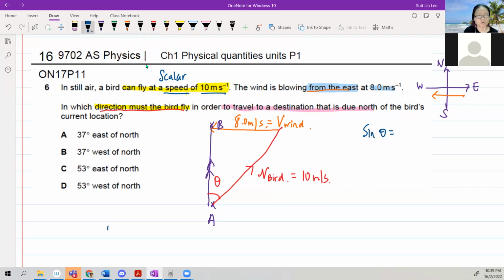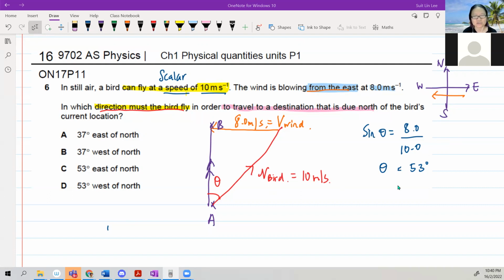Sine theta is opposite over hypotenuse. So I think your theta is 53 degrees, but let me double check. Sine inverse 0.8, 53.1 degrees.